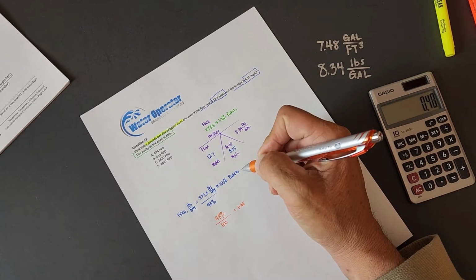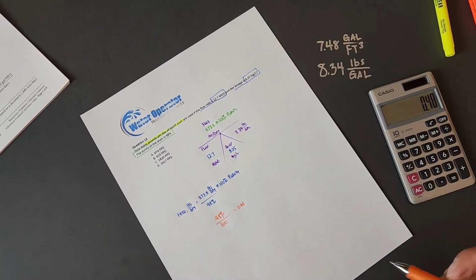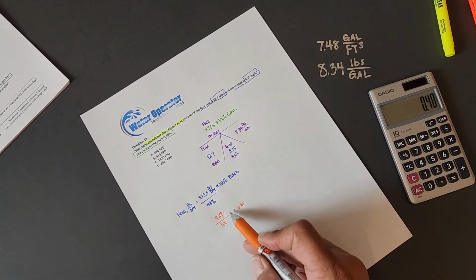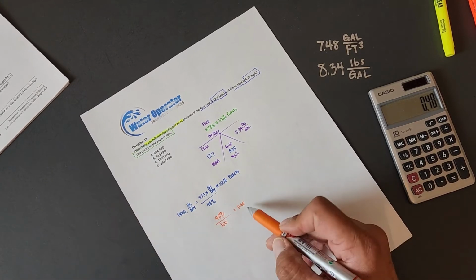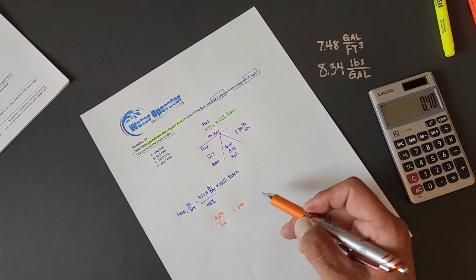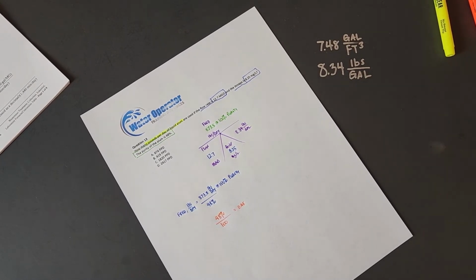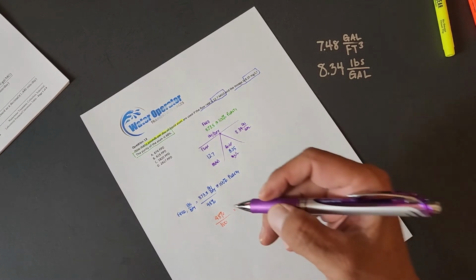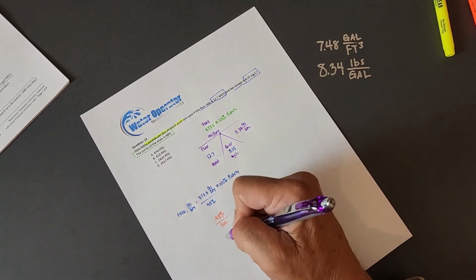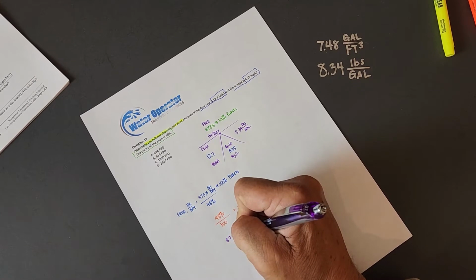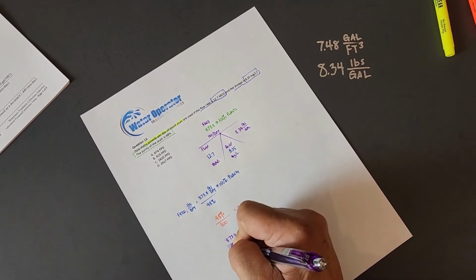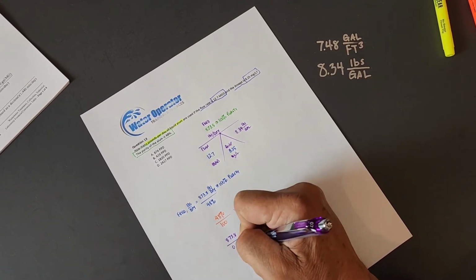0.48. Think about it as a dollar bill. If I have a dollar bill, 48% of it is 48 cents. Look how it's written. 0.48 is the same thing as 48 cents. So we'll take 873.8 and divide that by 0.48.